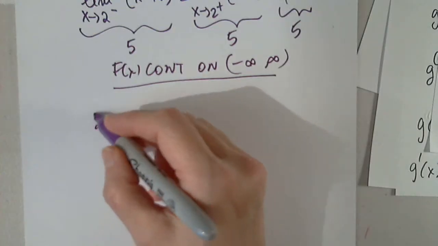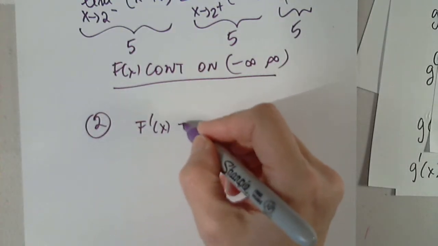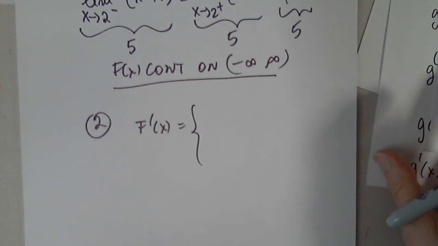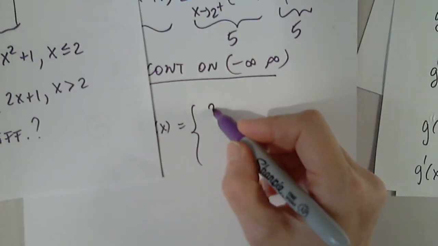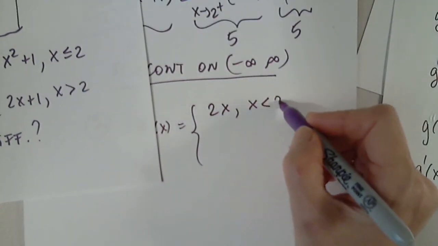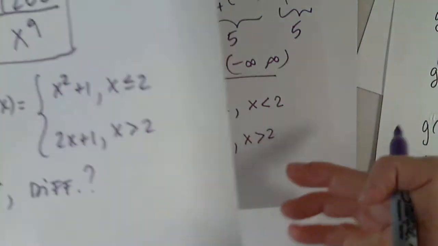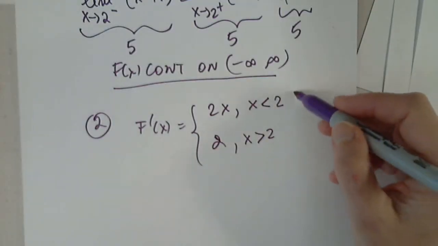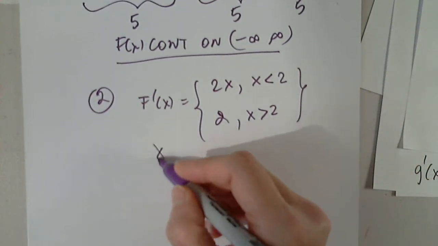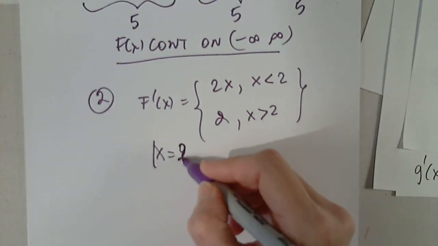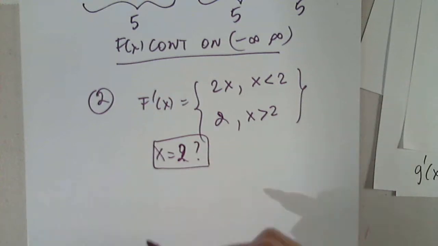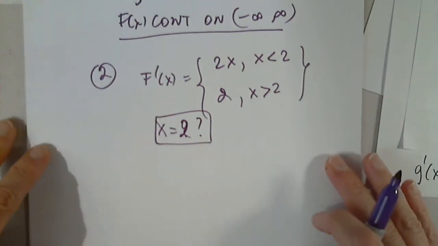Now, in step number 2, I will find the derivative of those two branches. So I have here 2x for x less than 2, and I have 2 for x greater than 2. Notice that I don't know what happens at x equals 2. Is the function differentiable? I don't know.